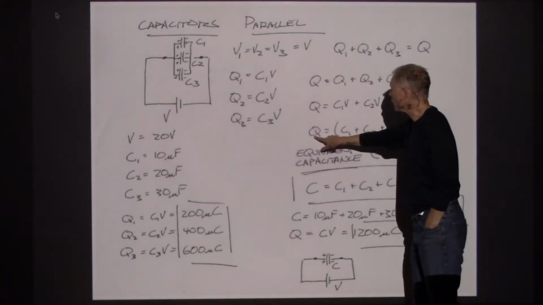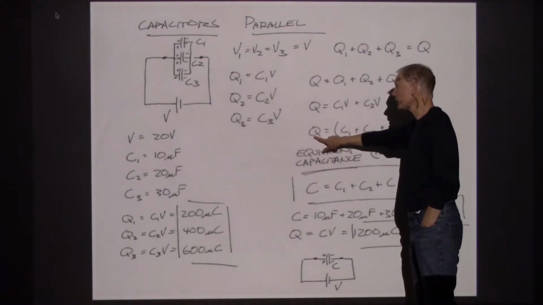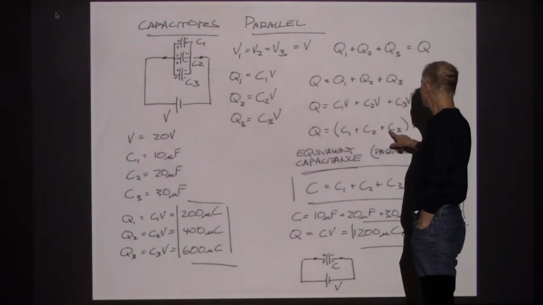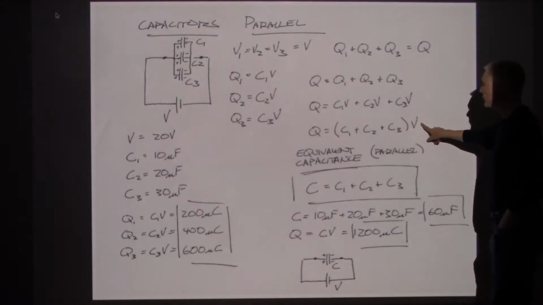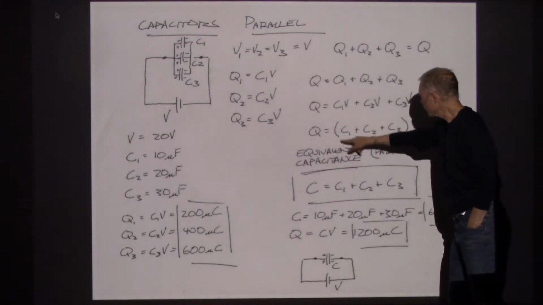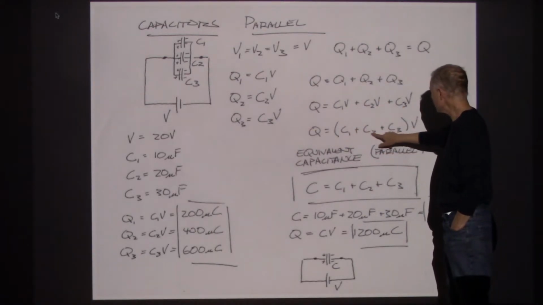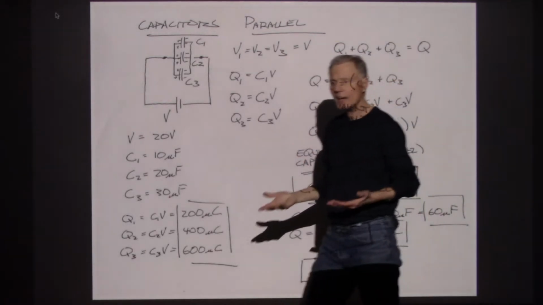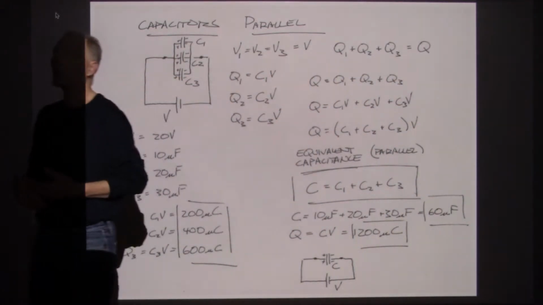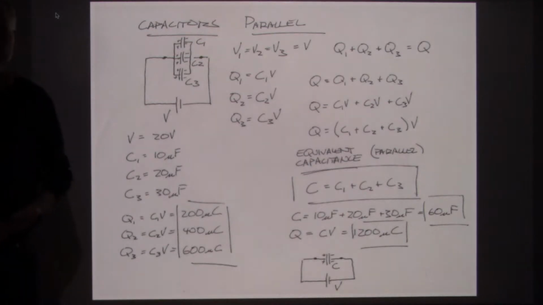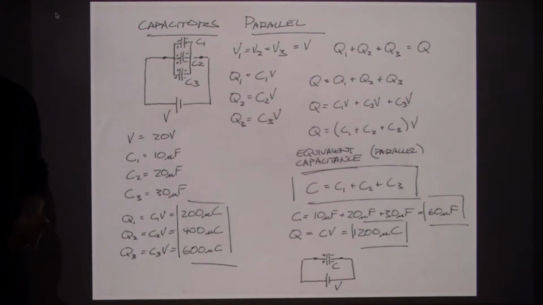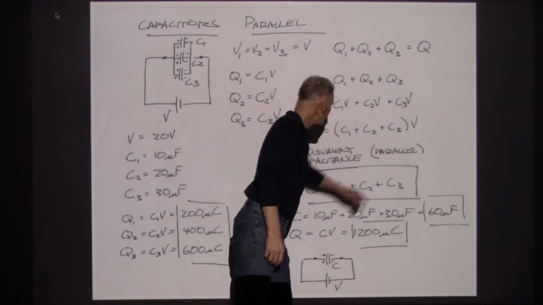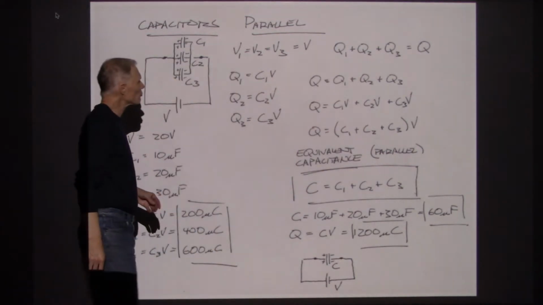And that says that the total charge combined on all three of these capacitors is C1 plus C2 plus C3 times V. So the expression in here, adding the capacitances together, would give me the net capacitance in the circuit, or I should really say this is an equivalent capacitance when capacitors are connected in parallel. Now that's pretty straightforward.